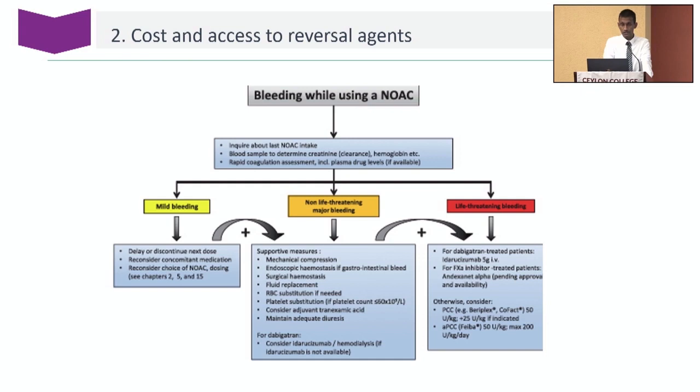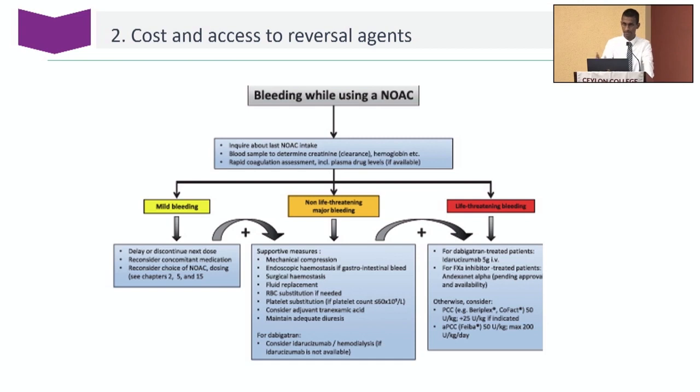Also tranexamic acid, for anything other than GI bleeds, and maintaining tissue perfusion till that duration goes. For dabigatran, because it has 80% renal clearance, there's the option of dialysing. And the other ones, the specific reversal agents, are the ones I talked about. If those are not available, you have to go for PCC. So that's just for completeness' sake.